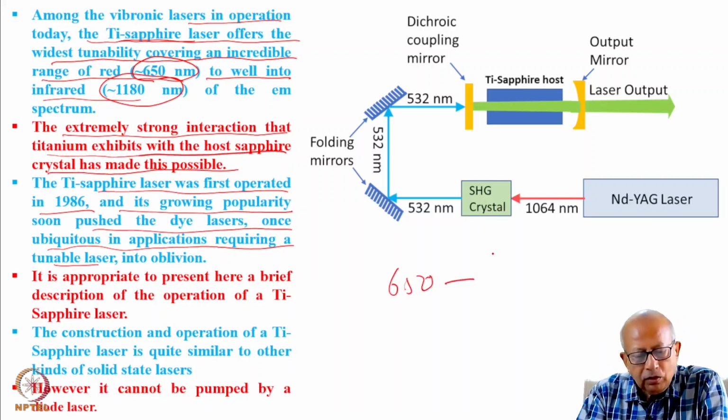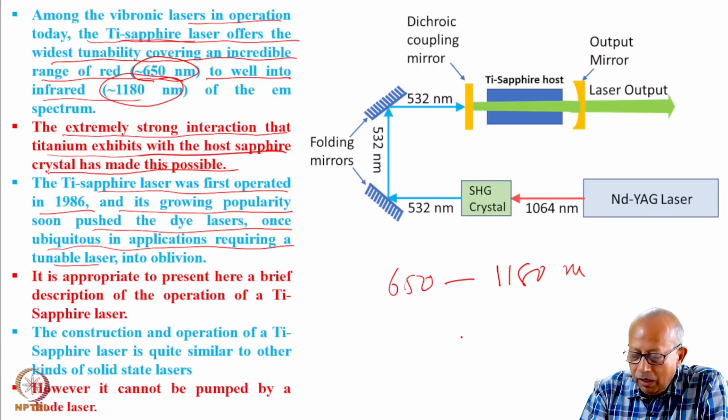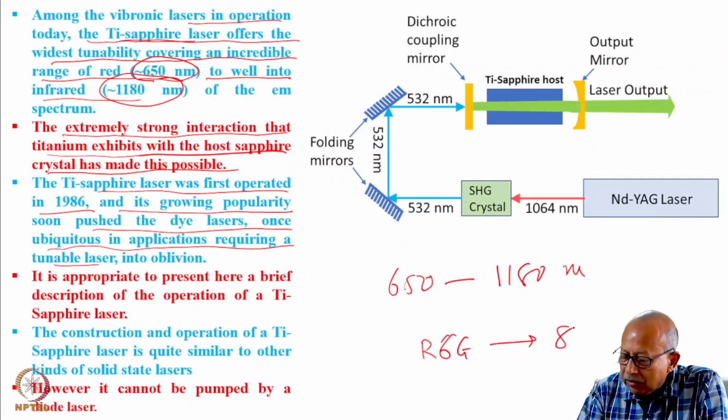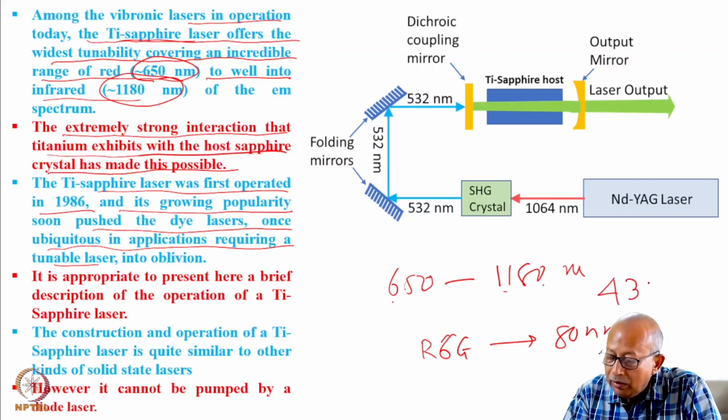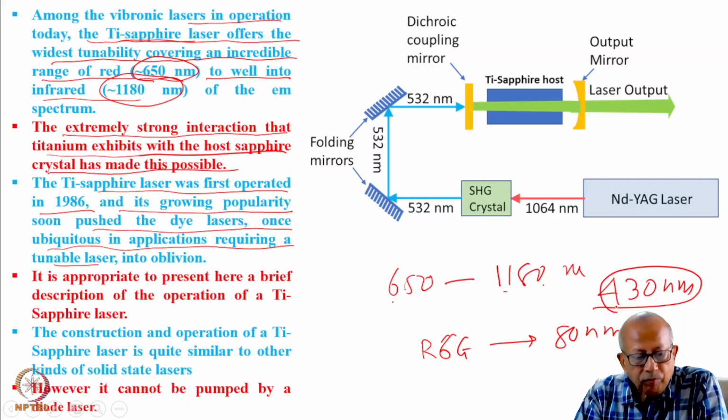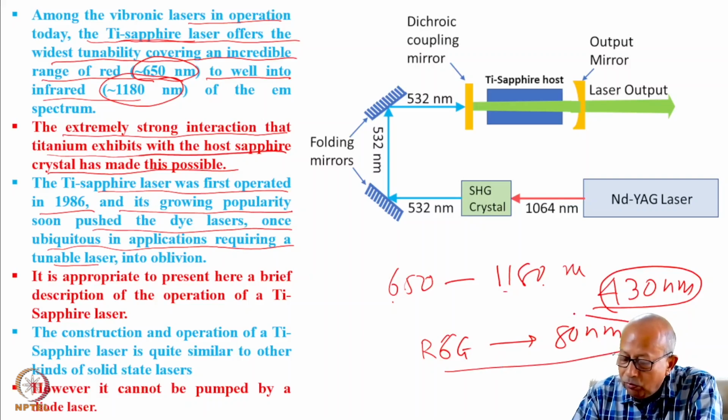You have already studied the dye laser, and you know that the maximum tunability that you can obtain is with rhodamine 6G, which gives a maximum tunability of 80 nanometer. Compare this with 650 to 1180, that is 530 nanometer tunability of this titanium sapphire laser. That's why it has put the dye laser almost into oblivion.